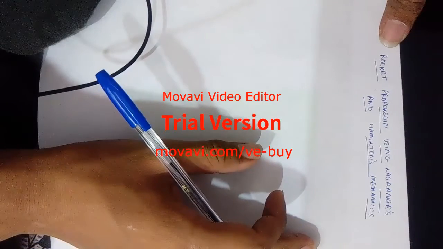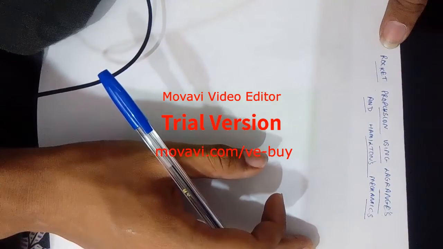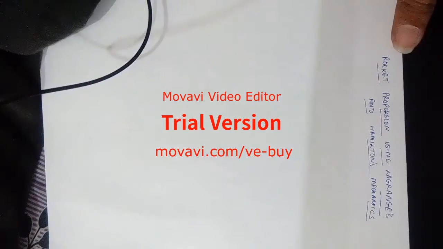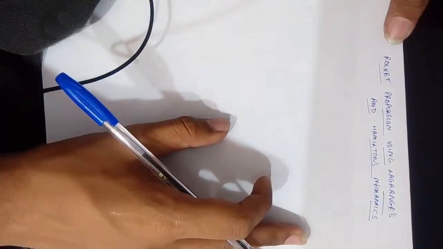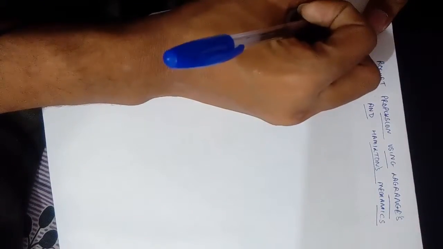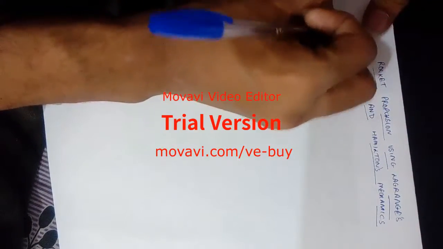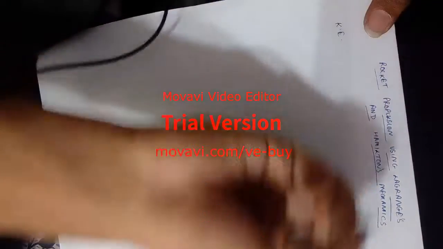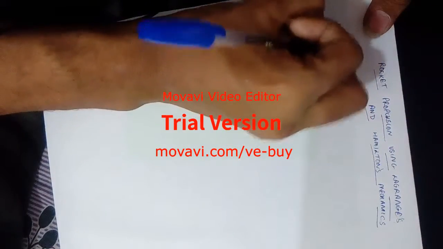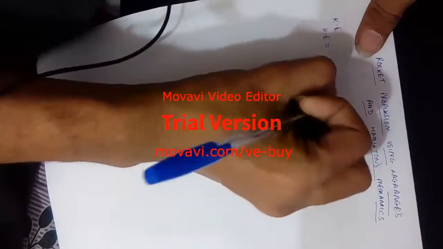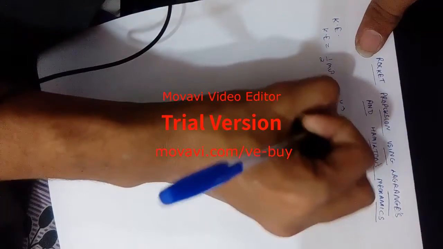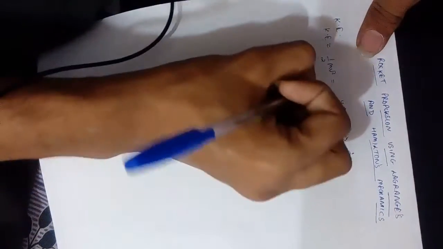This is all I have to tell you about the moment of inertia matrix. Now I will try to explain rocket propulsion using Lagrange's and Hamilton's mechanics. Firstly, I will try to write the kinetic energy of the rocket, that is half mv square, where v can be written as dq by dt, which is the same as q dot.